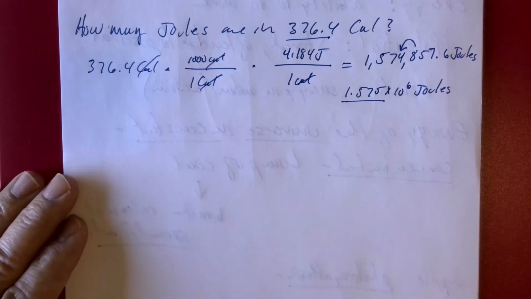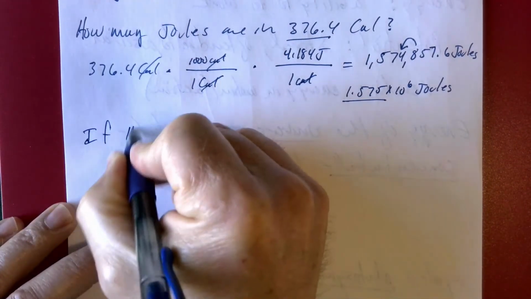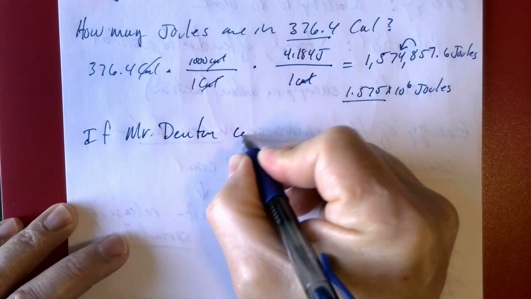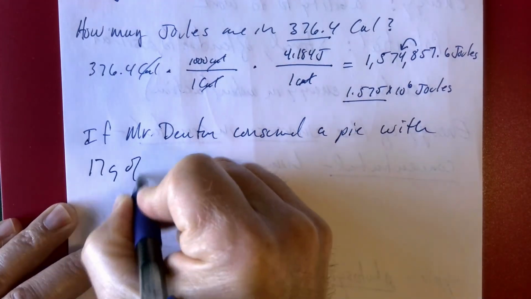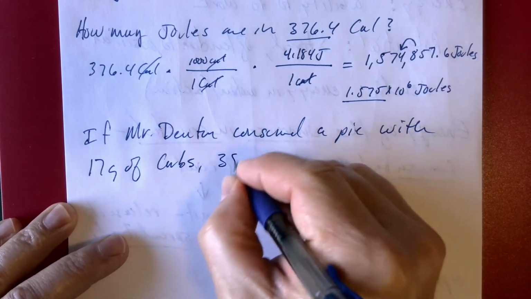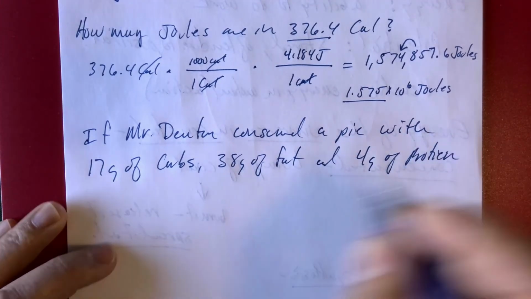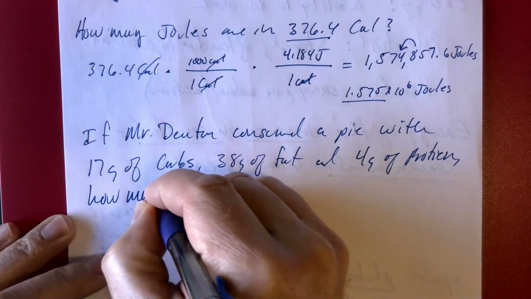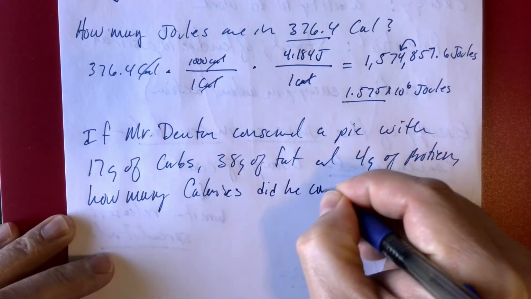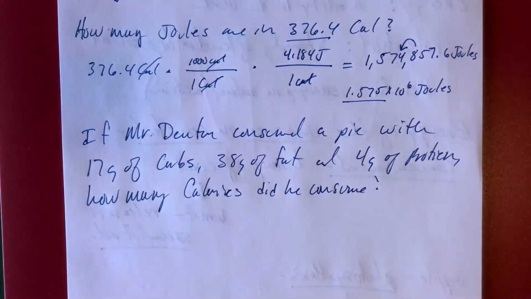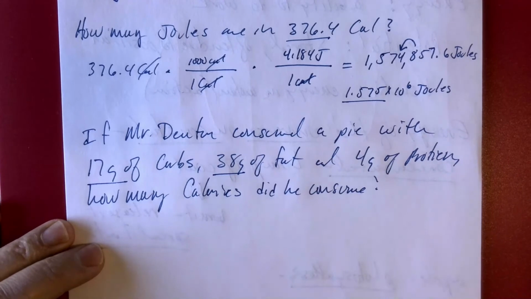Alrighty, now, so let's say I do this. So, Mr. Denton consumed a pie with 17 grams of carbs, 38 grams of fat, and 4 grams of protein.